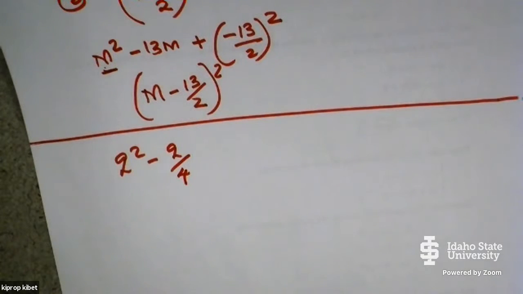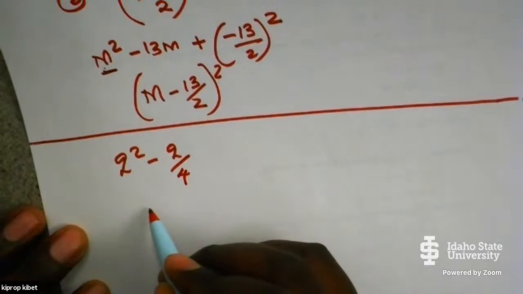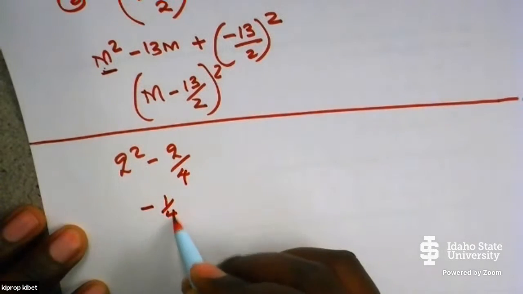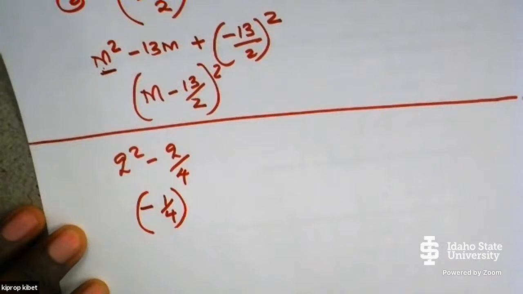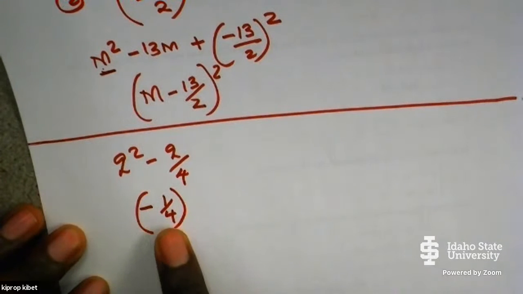Again, this is similar to the previous one. We identify the coefficient of q, which is minus 1 over 4. Then you halve it, so you multiply by 1/2.